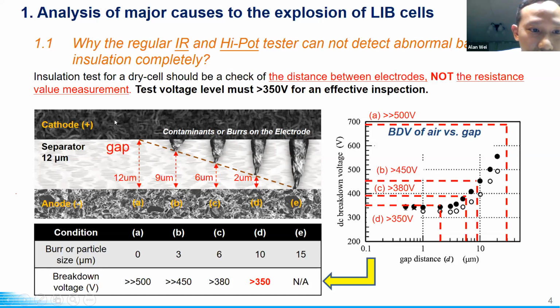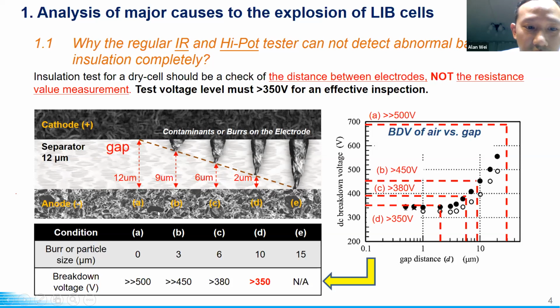Here on the left-hand side, there's a graph. We assume there's a particle in every case, A, B, C, D, and E. In case E, there will be an immediate short, so all the testers or meters can catch this defect.